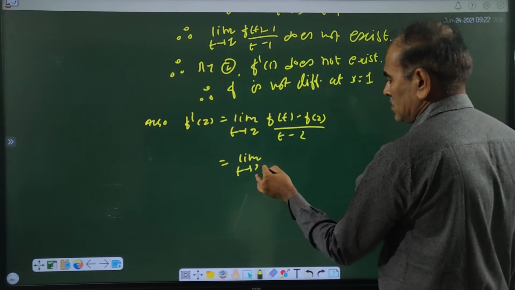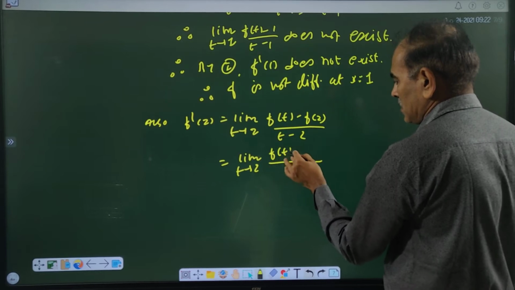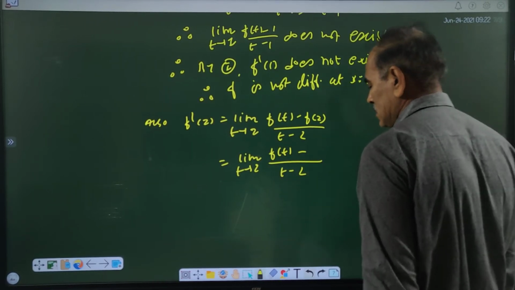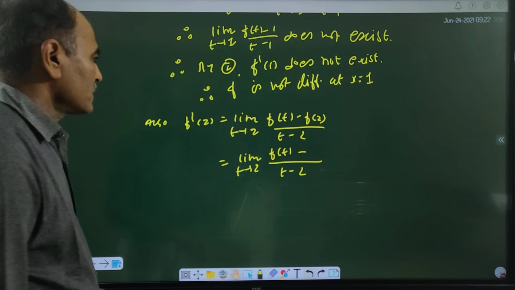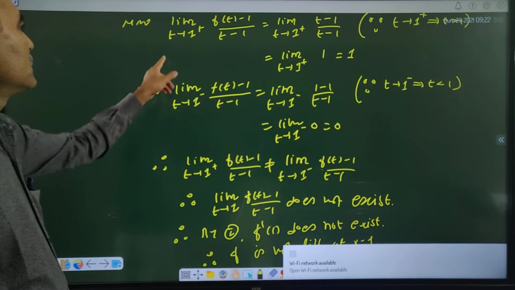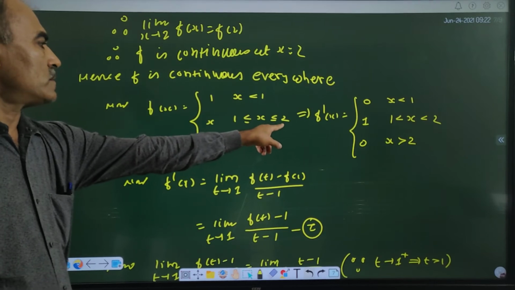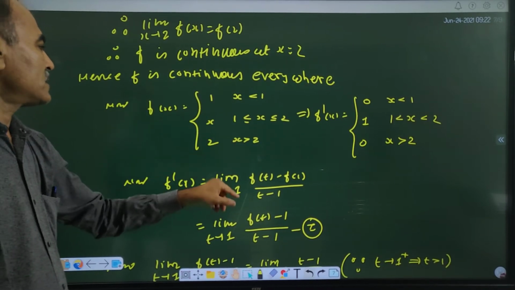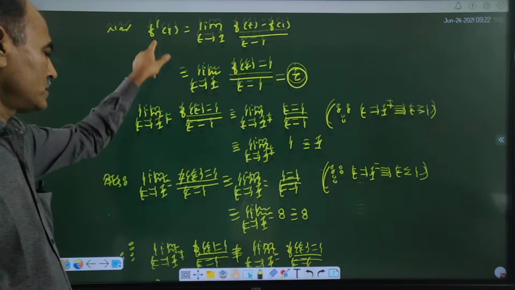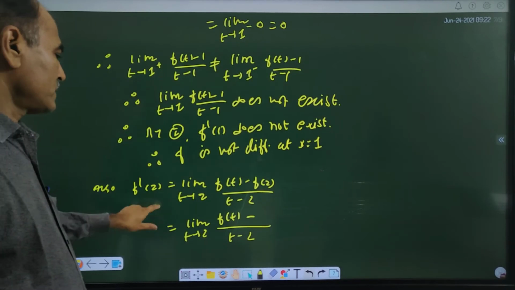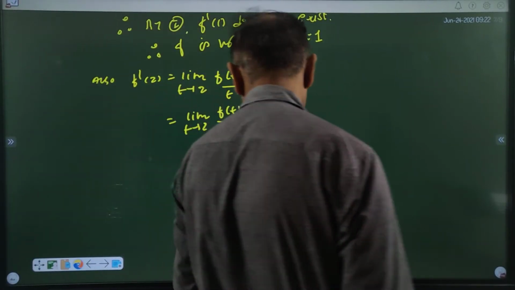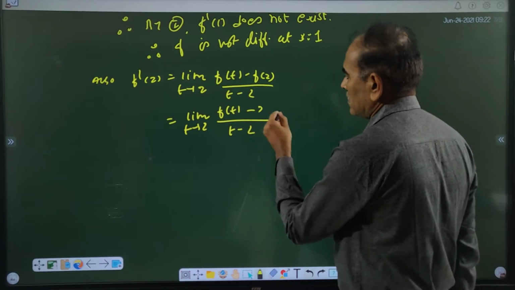Let us see what f of 2 is. For x less than or equal to 2, it is x. So f of 2 is 2.